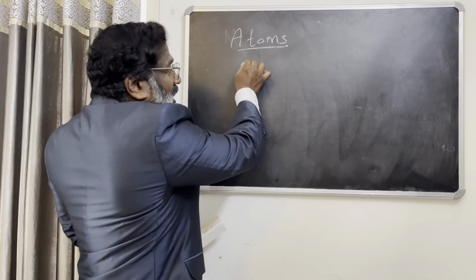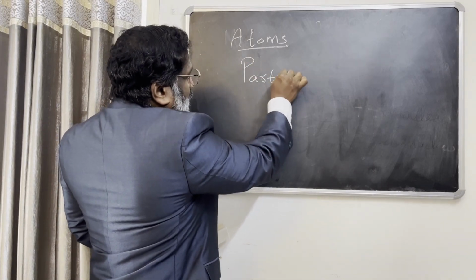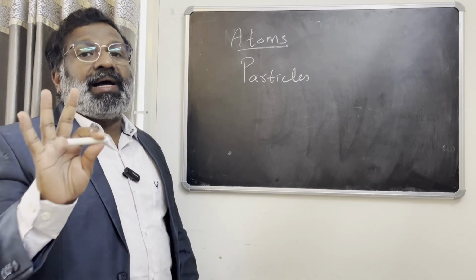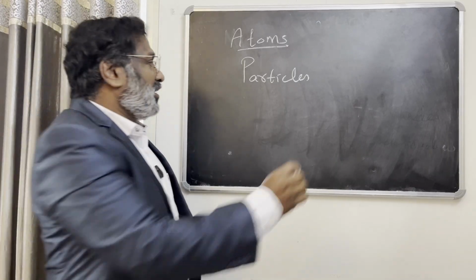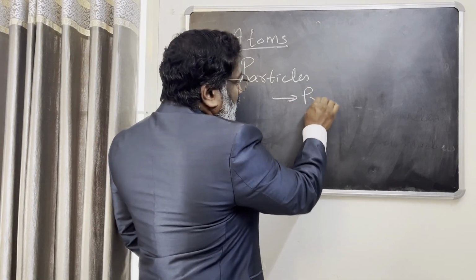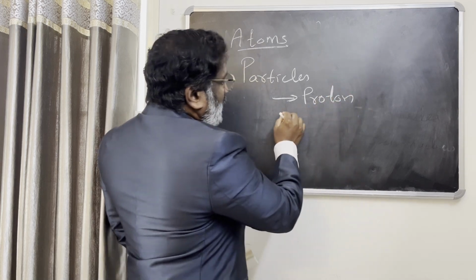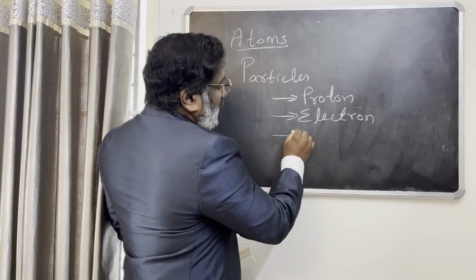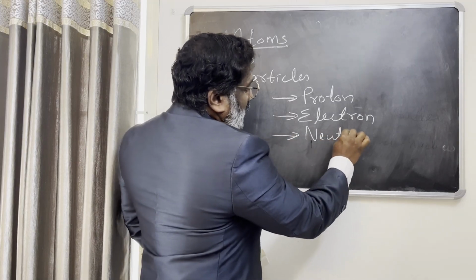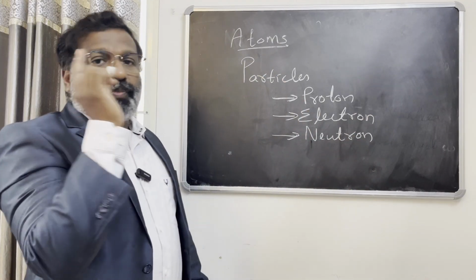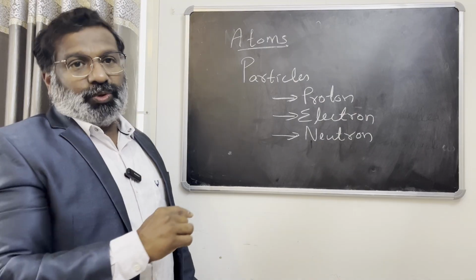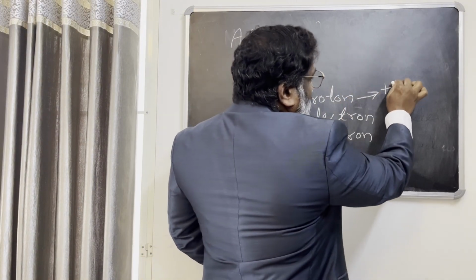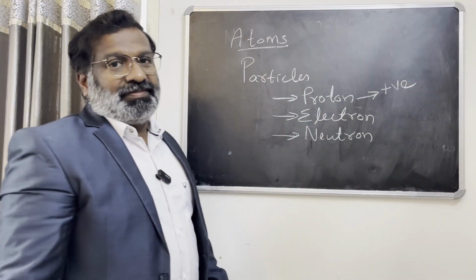Next, we will see the particles in an atom. An atom has three types of particles. One is proton, the second one is electron, and the last one is called neutron. The protons are positively charged particles.